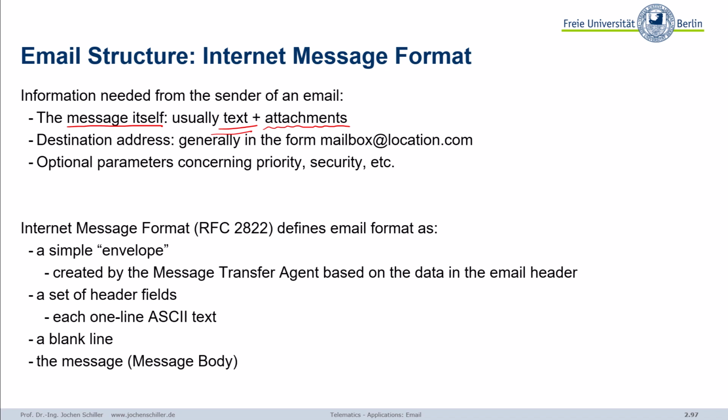Then definitely we need the destination address. So that's the minimum. And that's typically your name at some location. And then maybe some optional parameters for priority, security, etc. And for example, so that is very simple. Receiver address and the message.